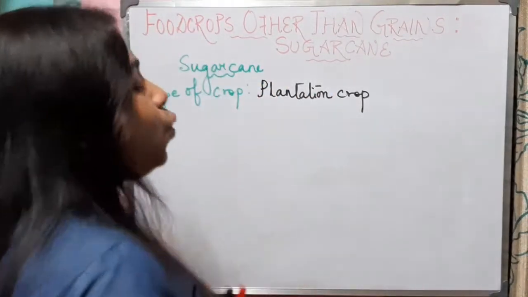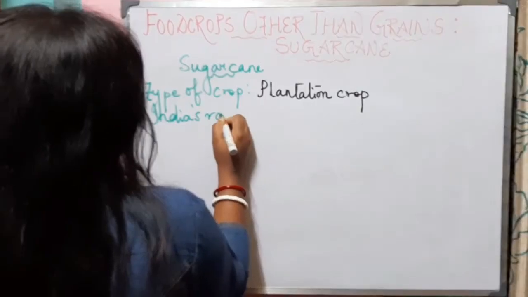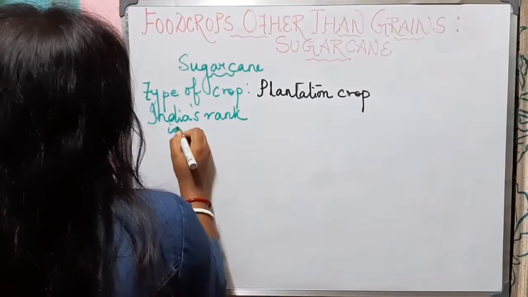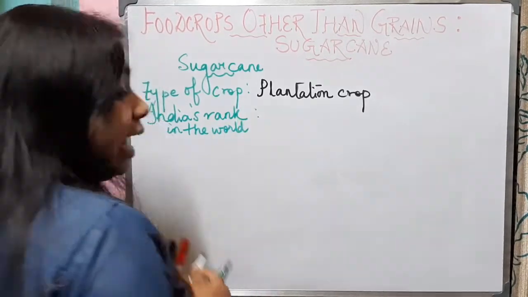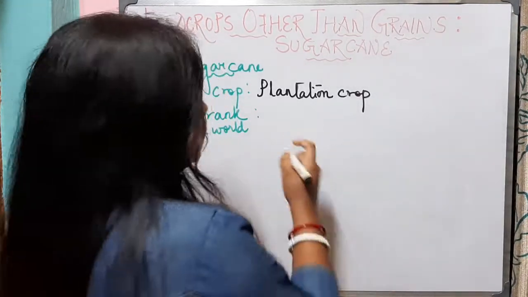Now let us know India's rank in the world in terms of production of sugarcane. India ranks second.